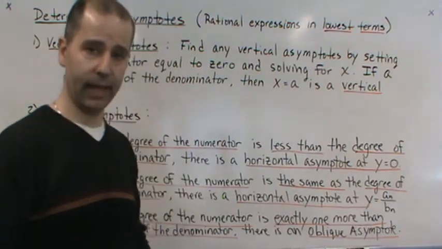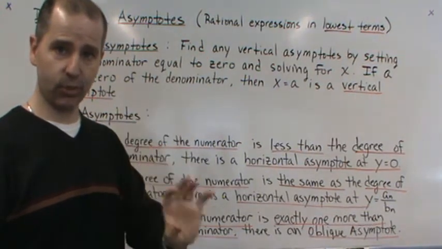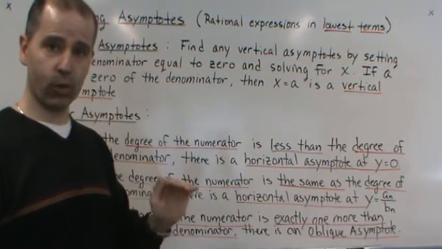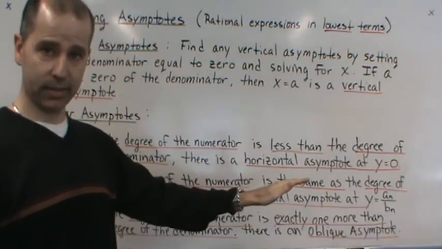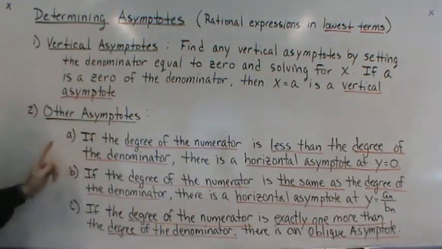Let me repeat that. If the degree of the top is less than the degree of the bottom, then you will have a horizontal asymptote at y equals 0. Okay, so that's part A.